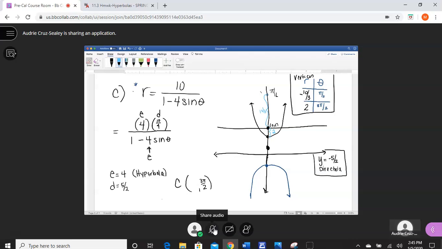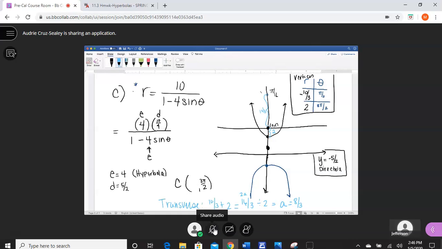So if you're looking for the length of your transverse axis, wouldn't that be 10 thirds plus 2, which gives you 16 thirds. So that's 2a basically. But you need to divide that by 2 in order to just get a. So to get a, you would get 8 thirds. Do we agree with that? A is 8 thirds.